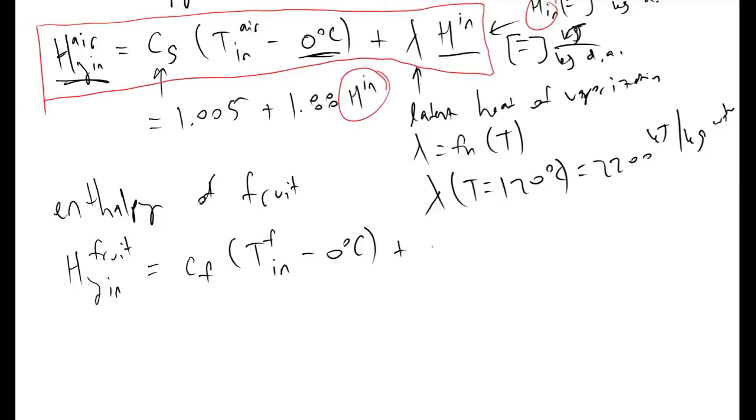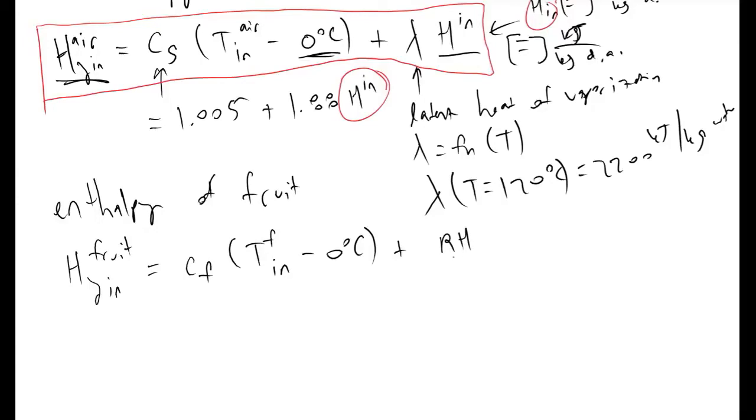moisture content in our fruit, and consequently that water that is present will have its own enthalpy contribution to the total enthalpy of our fruit. And so the way we'll do that is we will, on a psychrometric chart, figure out what the relative humidity is of our fruit, and I'll call that RH, and RH will be a value between 0 and 1.